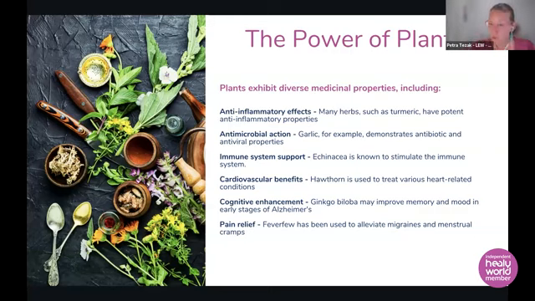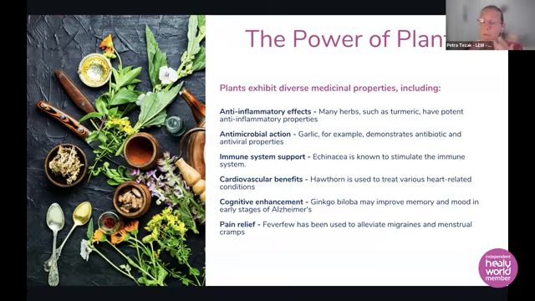And we want to use them, right? Plants also have antimicrobial actions. For example, garlic demonstrates antibiotic and antiviral properties. The same is true of essential oil of oregano, or herbs like oregano and thyme. They all have antimicrobial, antiviral and antibacterial properties.